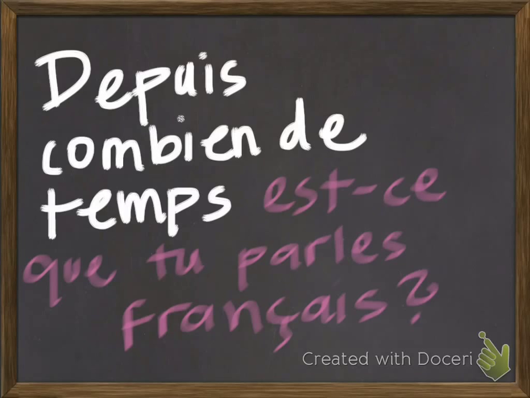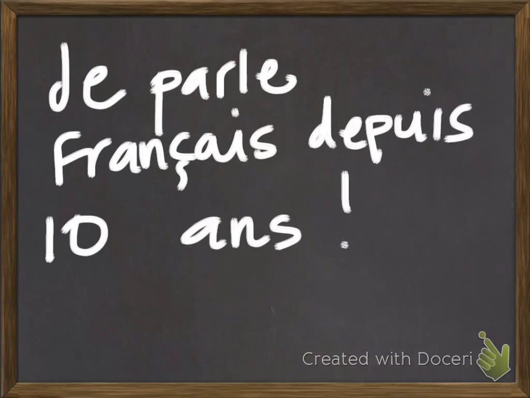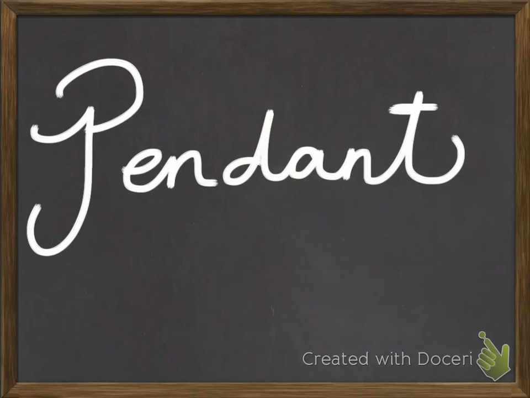So let's look at the difference. Depuis combien de temps est-ce que tu parles français? So I'm still using the present tense, but for my answer, I would say je parle français depuis 10 ans. So I'm giving here an amount of time, not when it began.